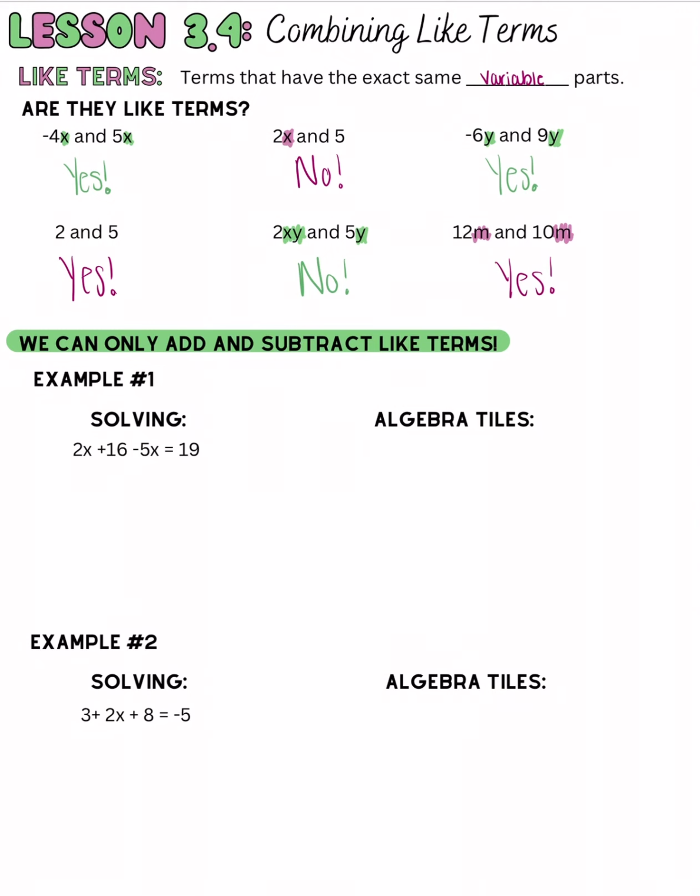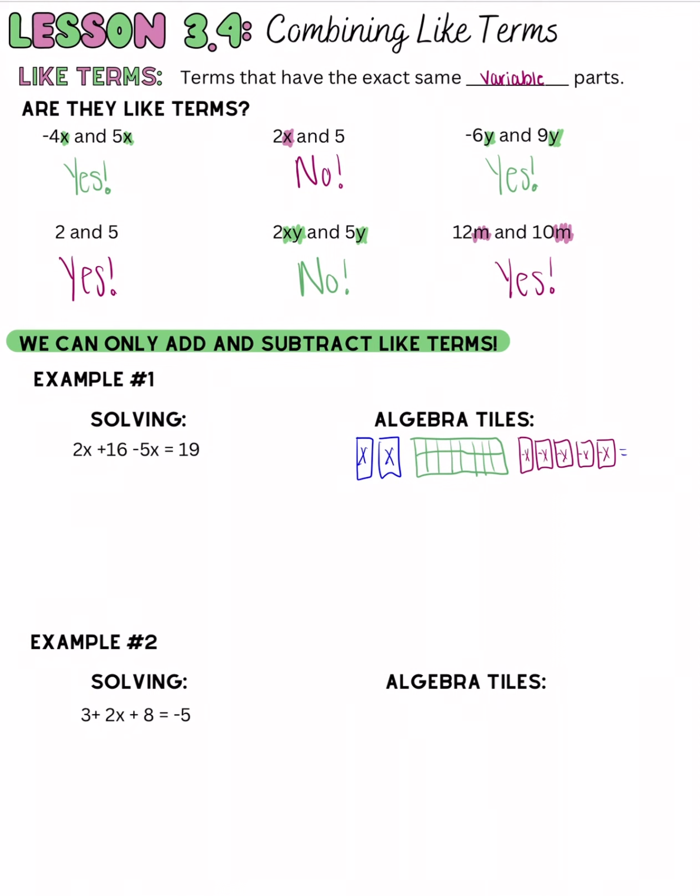So I have 2x plus 16, so I'm going to do it 8 by 2, minus 5x equals 19.